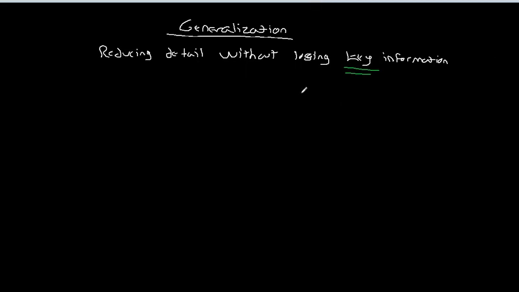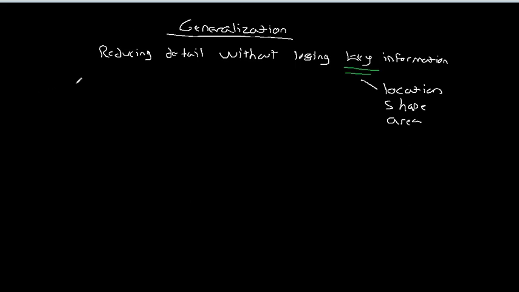But generally speaking, key information is going to be things like location, shape, and area. These are the things that you're going to be looking to try to maintain as best as you can when you modify the vertices when it comes to vector data, or when we do any sort of resampling when it comes to raster data.